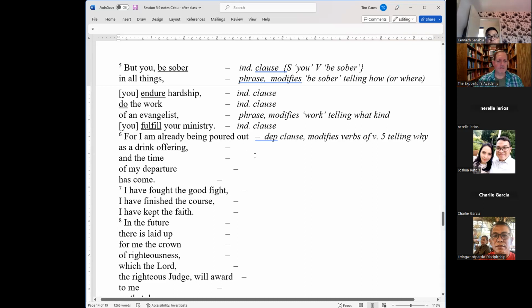Charlie, what about "as a drink offering"? Is that a phrase or a clause? It's a phrase. How do you think it's functioning here? What is it modifying? It modifies "I am being poured out." Yeah, "am being poured out" is the whole verb.